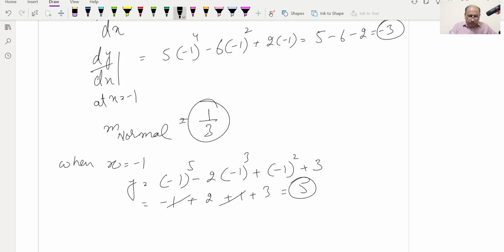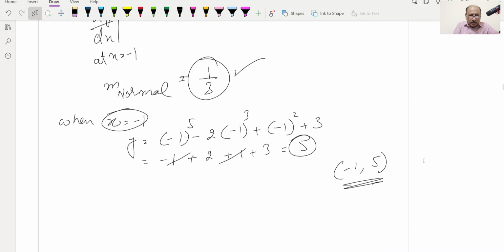So y value will be 5 when x will be equal to -1. So our point will be what? Point will be -1 and 5. Now we can find the equation of the normal using this point and the gradient of the normal, which is 1 by 3. So we can use the equation y minus y1 is equal to m into x minus x1.